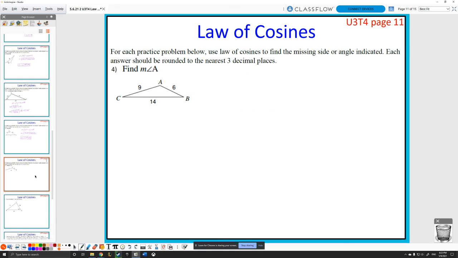The last one that we'll do, again, we want to find angle A. That means 14 should be on the other side, so just be careful here.